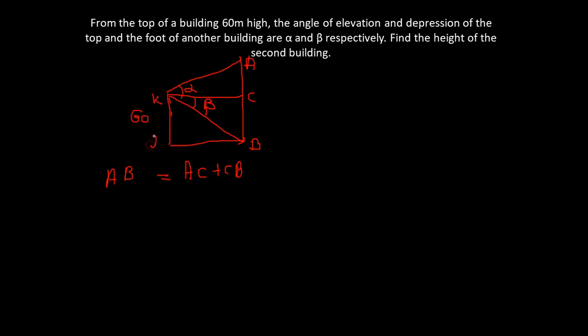If we see these angles in this triangle, let's say it's K and it's L. In the angle at K, we have the angle of depression beta here.